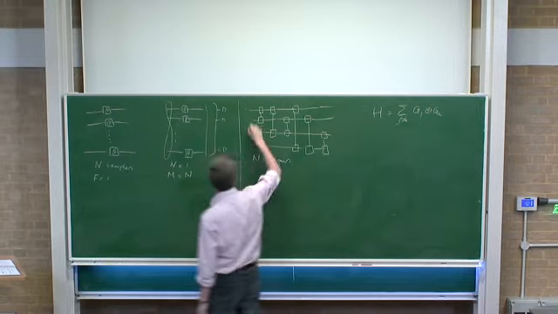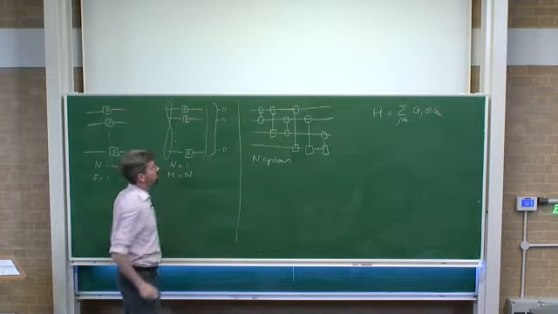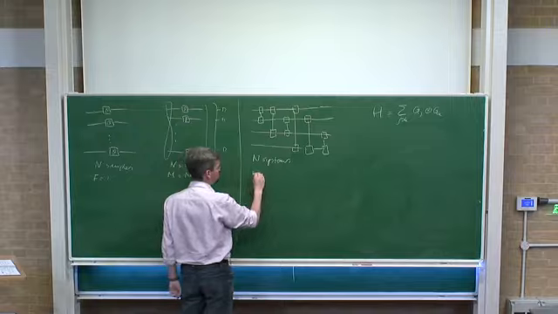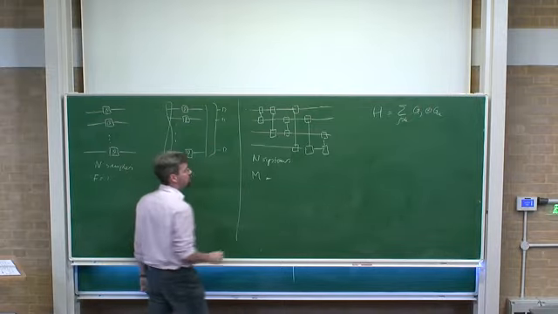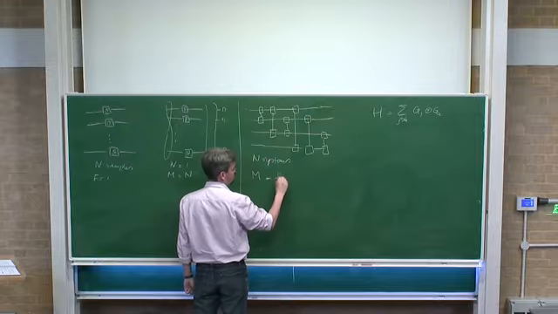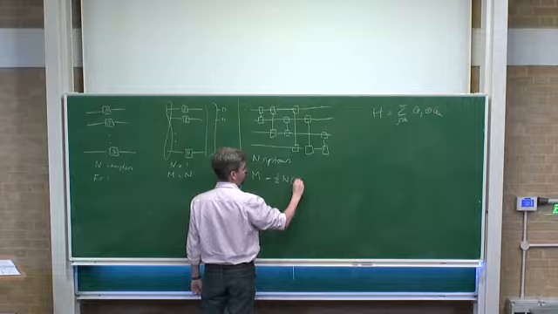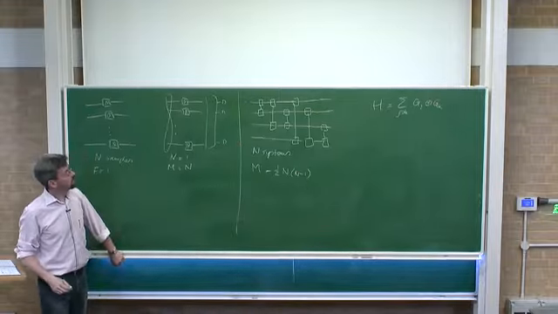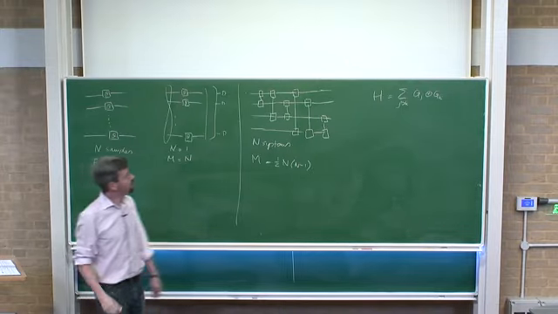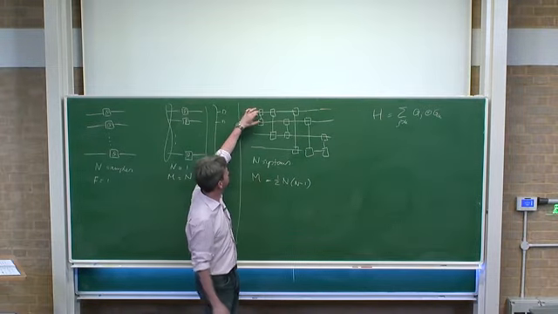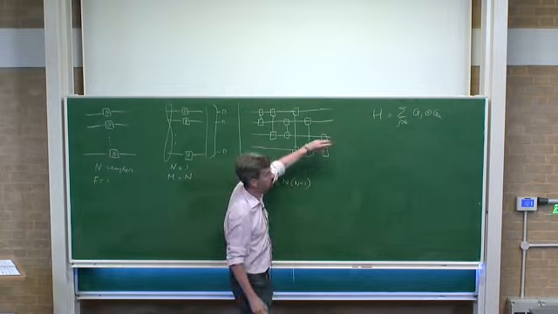So j and k indicate these lines. And so the number of probes m is 1/2 n times n minus 1. And you see that indeed, as somebody said, there's 6. 1, 2, 3, 4, 5, 6.